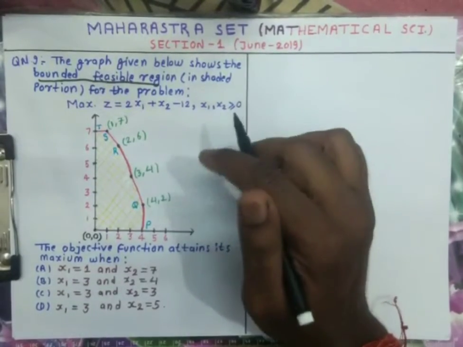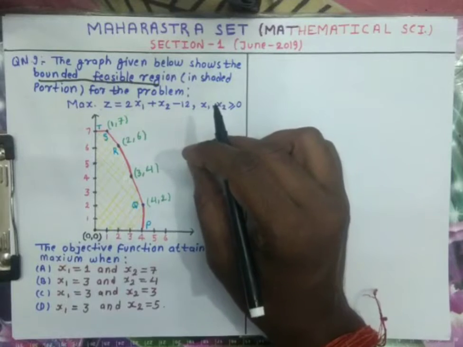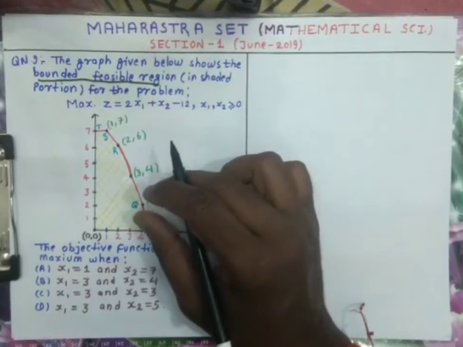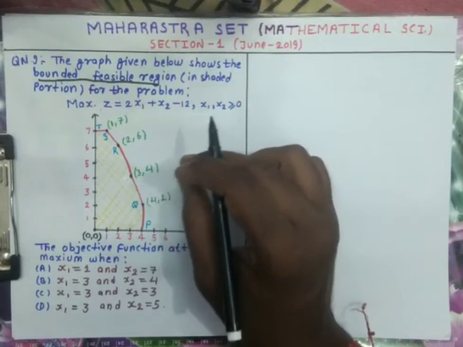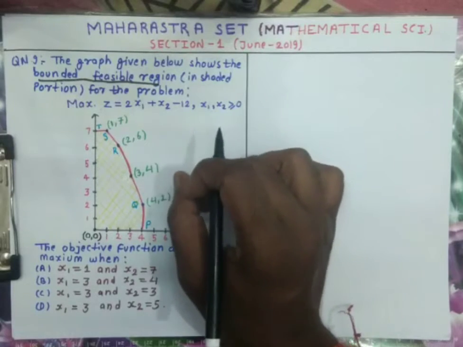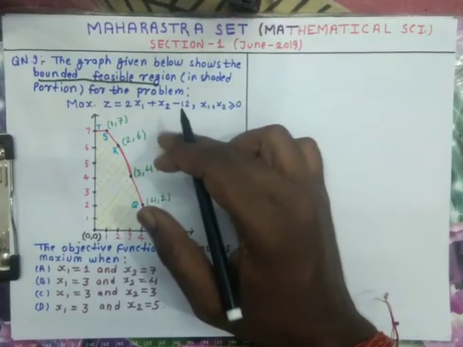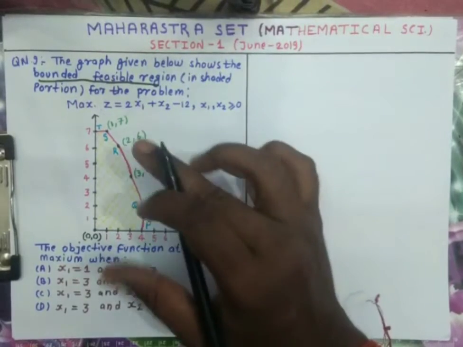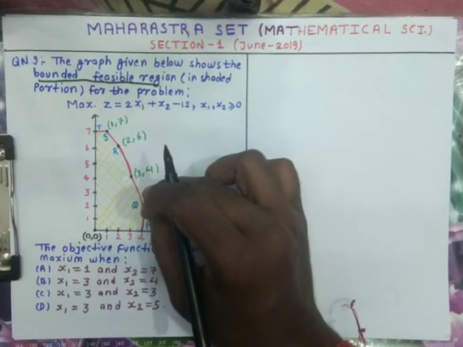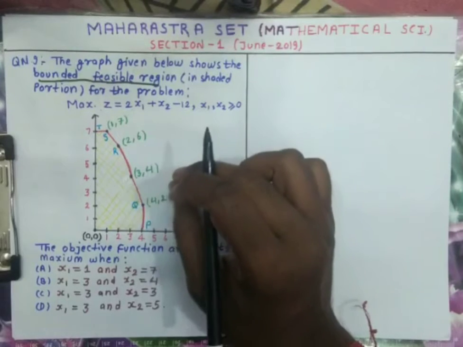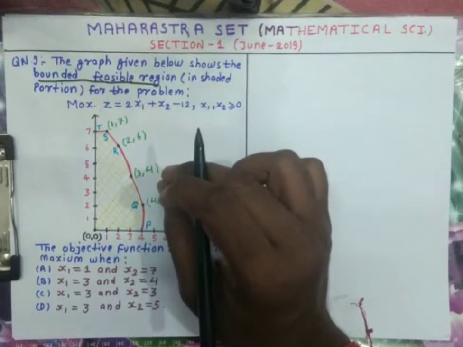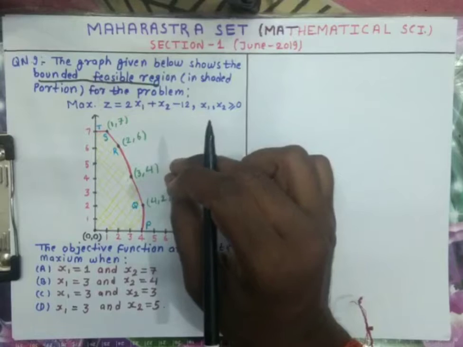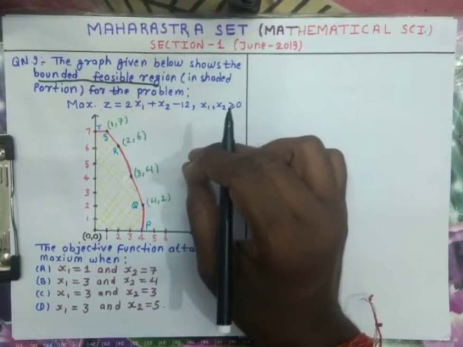So let's first look at the region. This is a question of LPP and we have to find the maximum value. It is a very simple question. Firstly we create the region and then find the maximum value at a point, but here the bounded feasible region is already given. First, let us understand the meaning of feasible region.